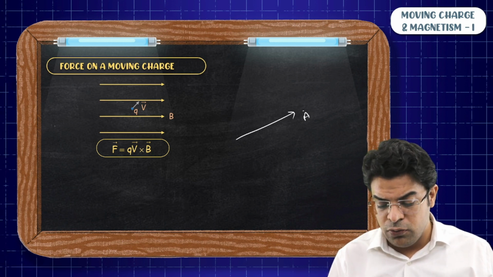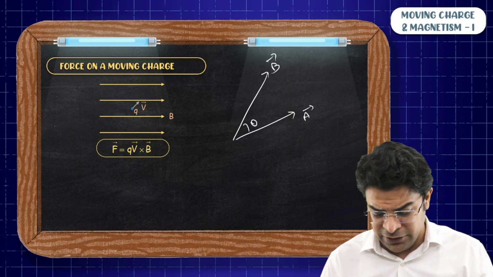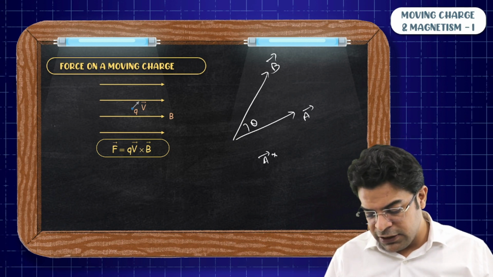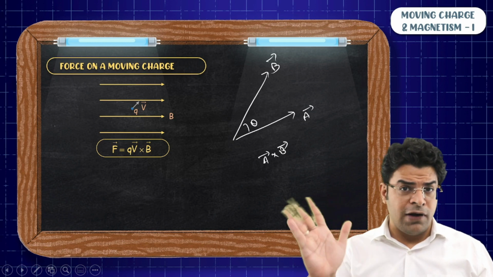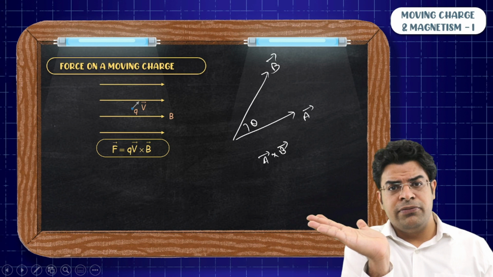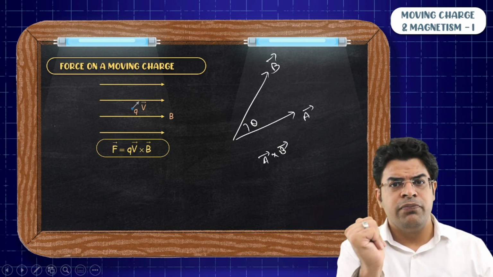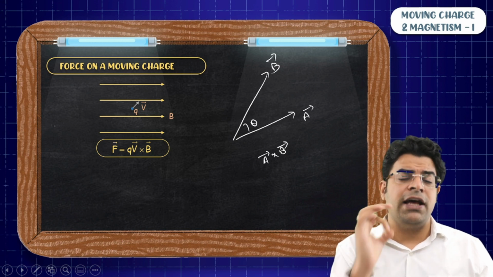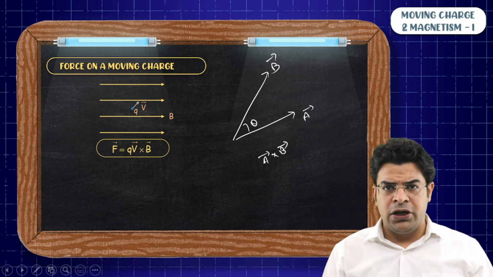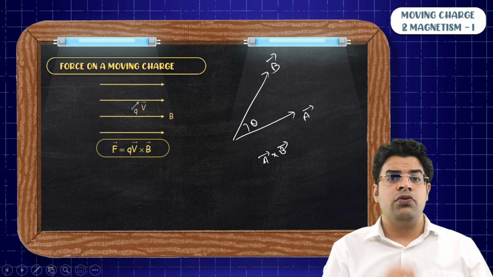If you have got two vectors A and B inclined to each other at some angle theta, and you need to find the direction of A cross B, align the fingers of right hand in direction of A, then curl the fingers of right hand towards B. While doing so, in whichever direction your thumb points is the direction of A cross B. If you do it right now, it will be coming out of the screen towards you.